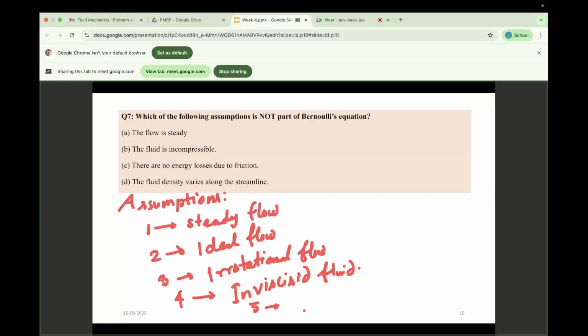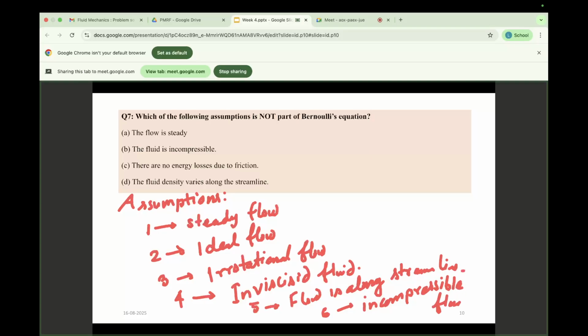Fifth, flow is along a streamline. Next is an incompressible fluid. So these are the 6 assumptions. Now try to understand what exactly these terms mean.